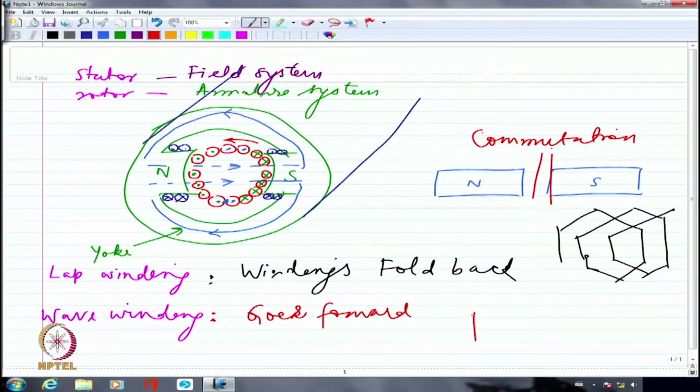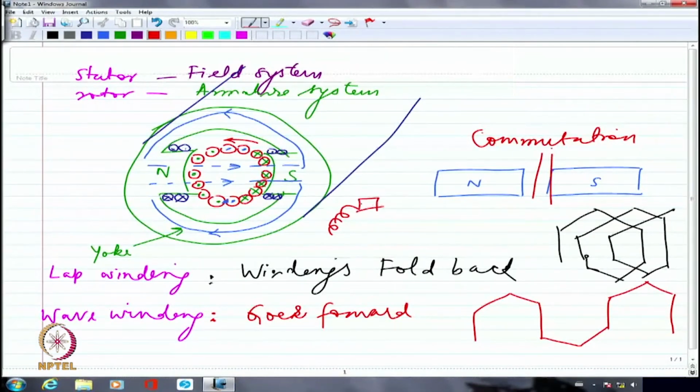So I'm going to have the winding going on and on and on until it covers the entire circumference of the cylinder, and then it will fold back only after that. So it's going to go further and further. So if I look at the structure, I'm going to have the lap winding looking as though three turns come like this.